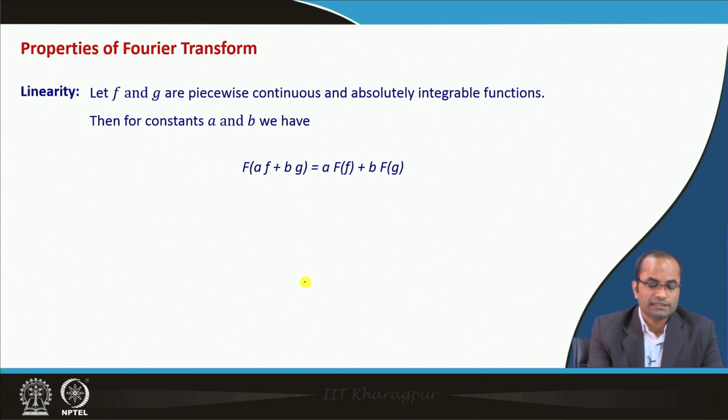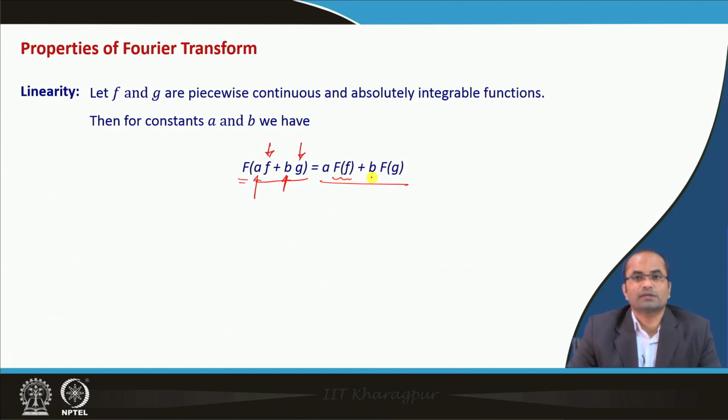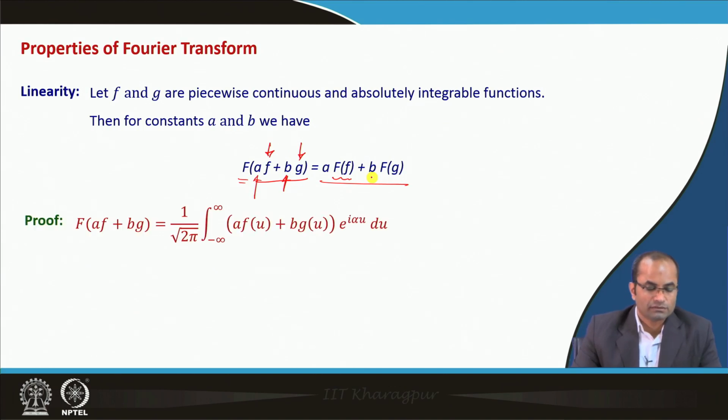So, because of the integral, the Fourier transform of a f plus b g, a linear combination of these two functions f and g, where a and b are some constants, is given by a times the Fourier transform of f plus b times the Fourier transform of g, which is again trivial because of the integral.